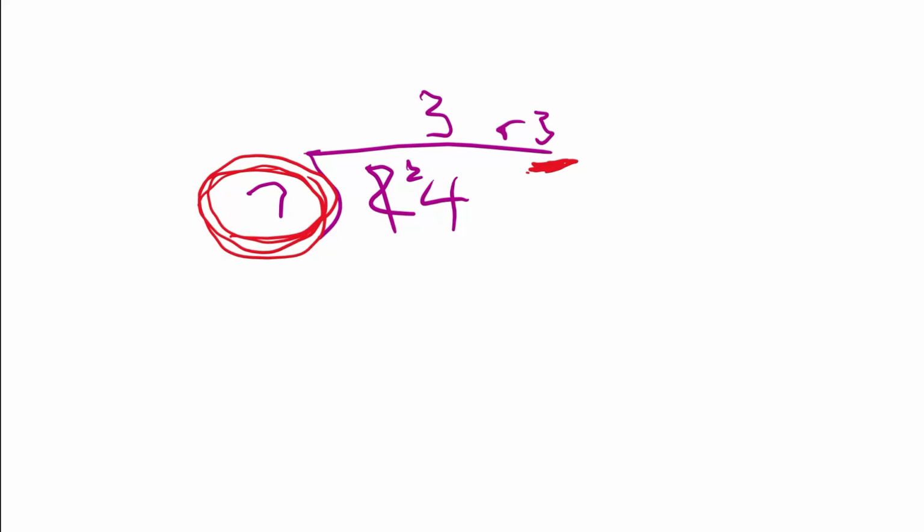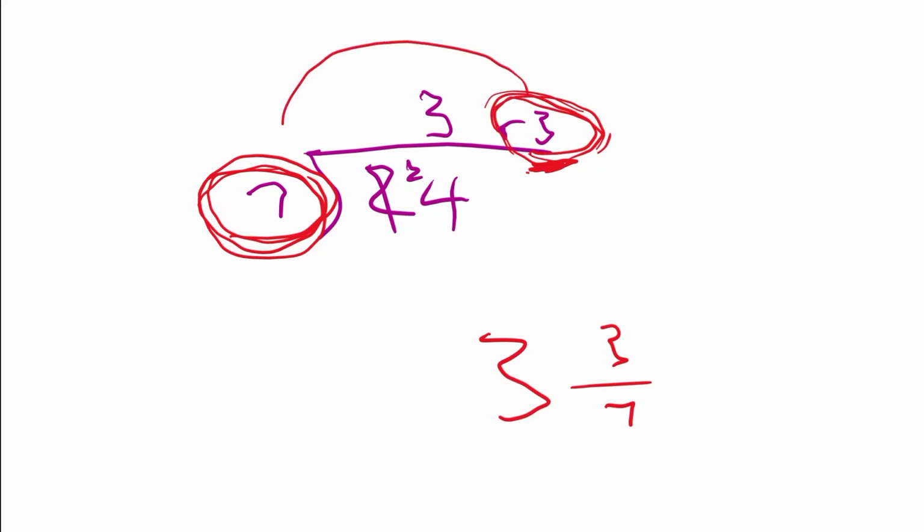So what we could write for our answer is 3 and 3 divided by 7. Okay, this 3 here, that's not divided by 7. The 21 was divided by 7 and gave us that answer to 3. But the 3 that was left over is still divided by 7. So you either write 3 remainder 3, or you take that remainder and you write it divided by the original divisor. So 3 remainder 3, or 3 and 3 sevenths.